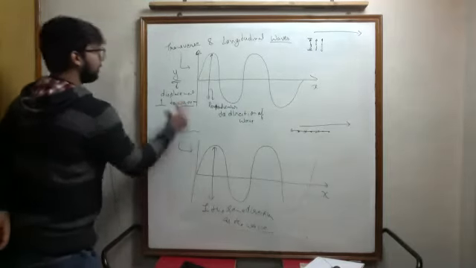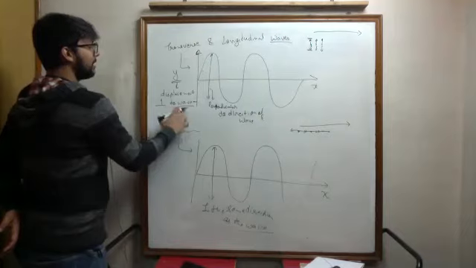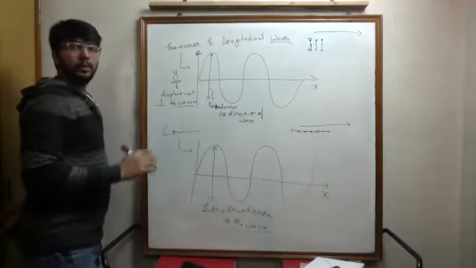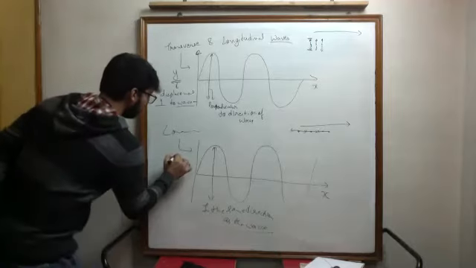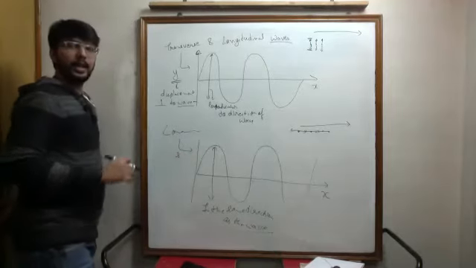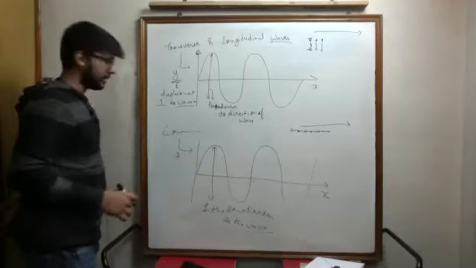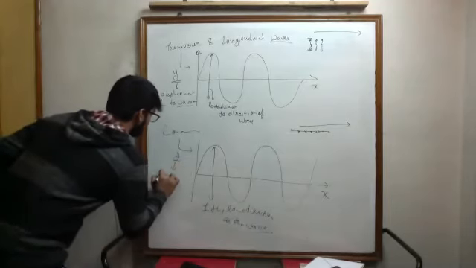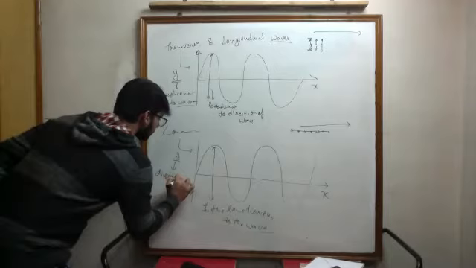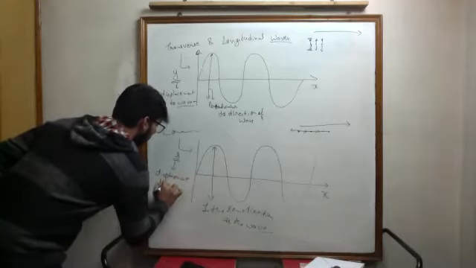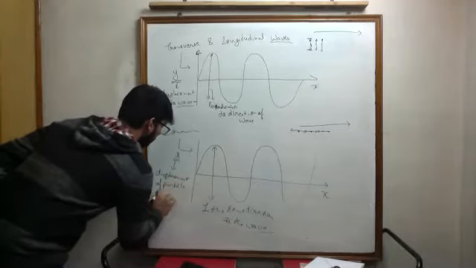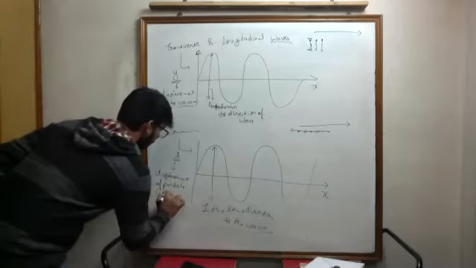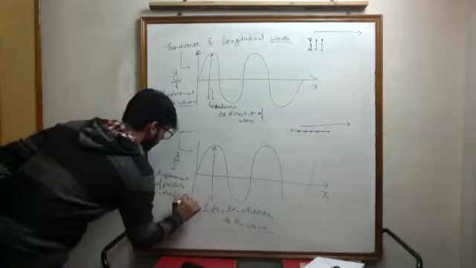If I've defined y as my displacement perpendicular to the wave, I cannot use the same variable here because then it will be wrong. So the variable I use here is s. Again, I can choose any random variable. I have chosen s. Okay, and I say that s denotes the displacement of particle in the direction of wave.